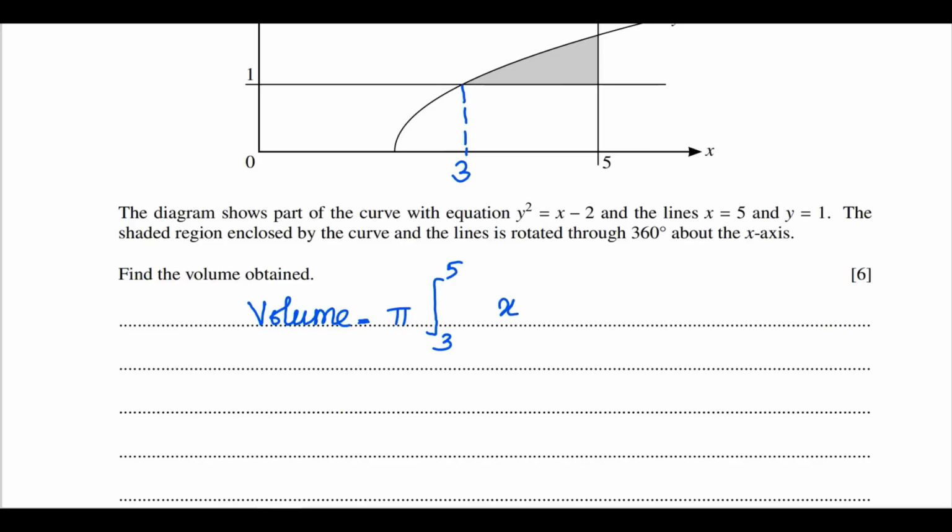So y square is x minus 2. From this you have to subtract the area under the line, which is nothing but y equal to 1. So y square is 1 square. So dx.